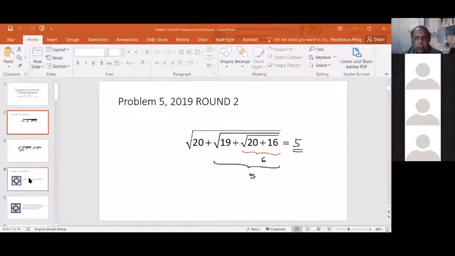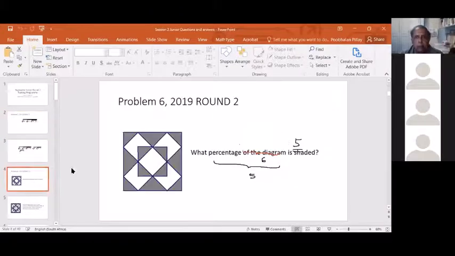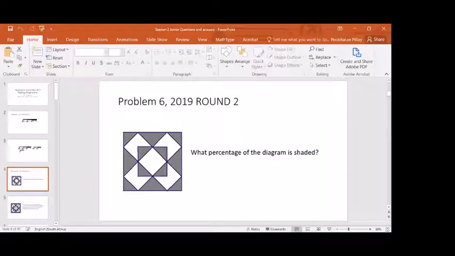The next problem is problem 6 of 2019. And here you have a problem where you are asked to find the percentage of the diagram which is shaded. Okay.